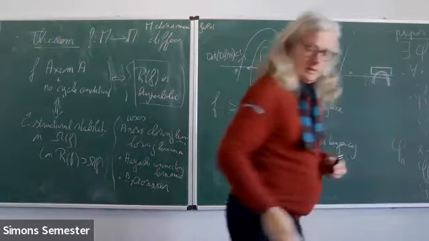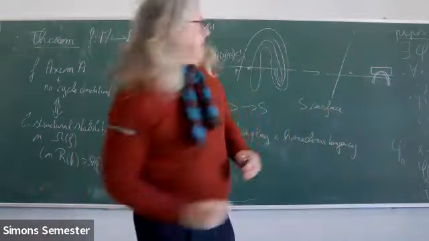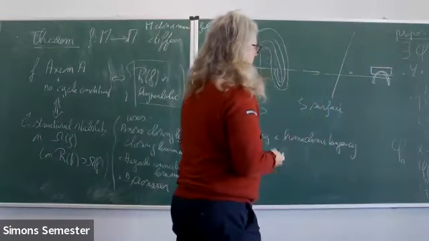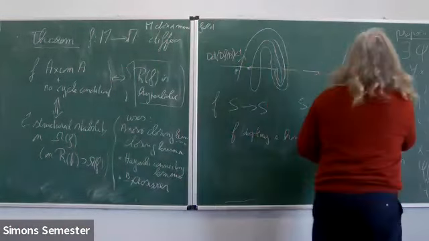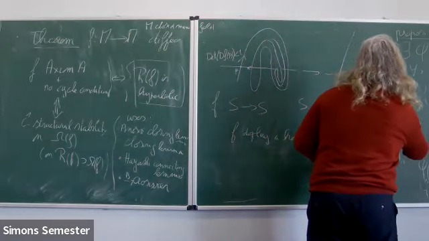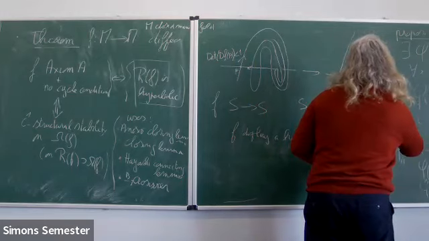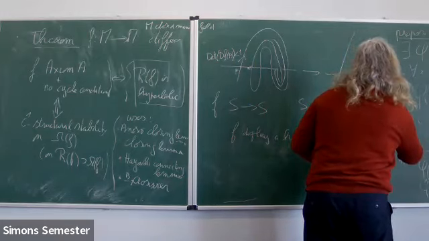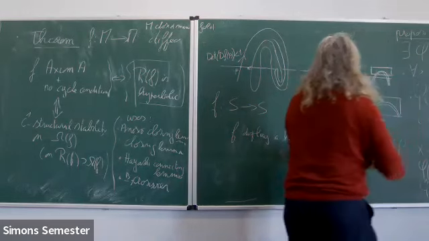Okay, but when you start to move your unstable manifold, what you get is a rectangle with this rectangle inside, which moves from the bottom to the top.